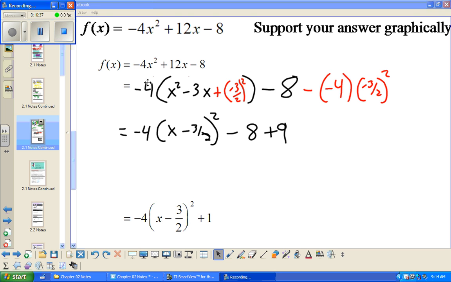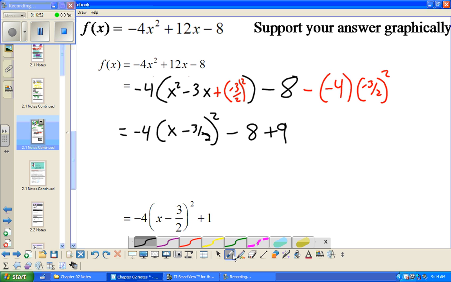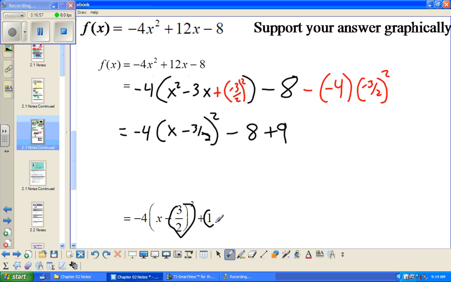Since it's being multiplied by a -4, you've got to cancel it out over here as well. Simplify. Remember, if you factor this out, it becomes this. And then when you combine your like terms in the end, you just have your final answer down here. And notice you have the vertex of (3/2, 1). And that's it.